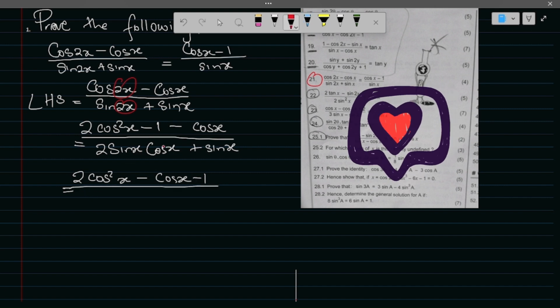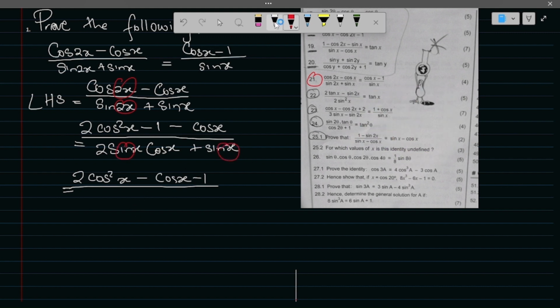You see that here you have sine x and also you have sine x. So you take one common factor outside the bracket. You take sine x outside the bracket, so you're left with 2 cos x plus 1.